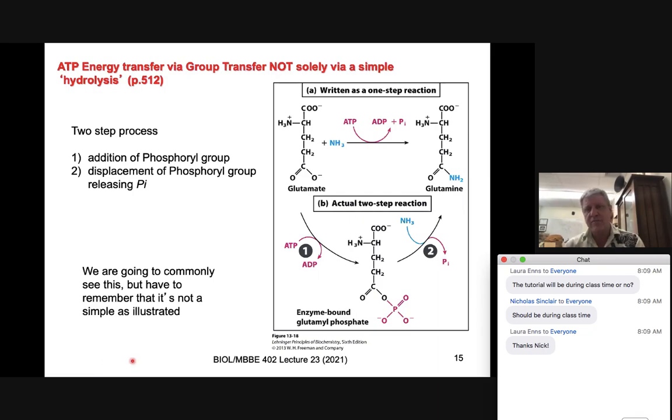So we might write a first chemical reaction producing glutamate and glutamine, two amino acids that are related to each other. In this case, glutamate is going to use ammonia, a nitrogen source, to put nitrogen in this position here. It's going to require ATP to do that.